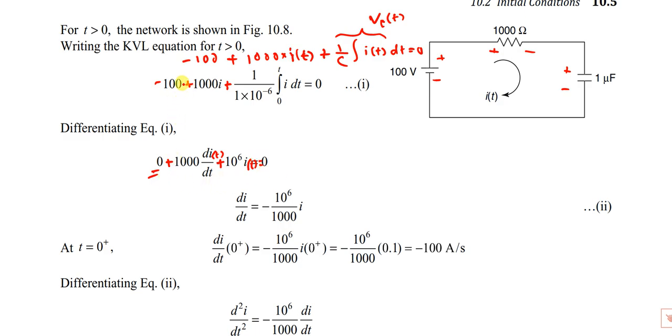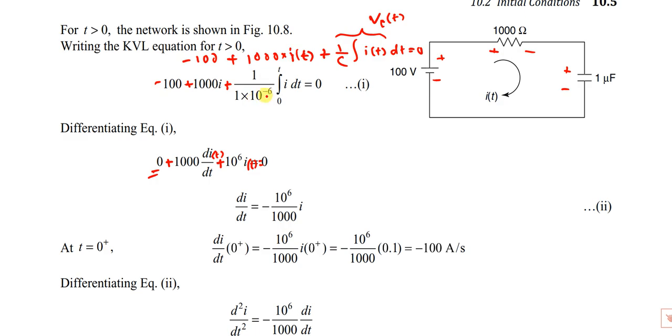I will repeat once again. I have to differentiate this. The differentiation of 100 is a constant, so it is 0, plus 1000 into di by dt of I of t, plus 1 by C. This is all micro.